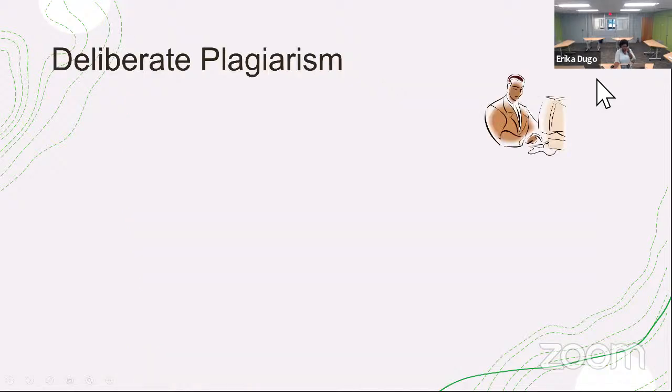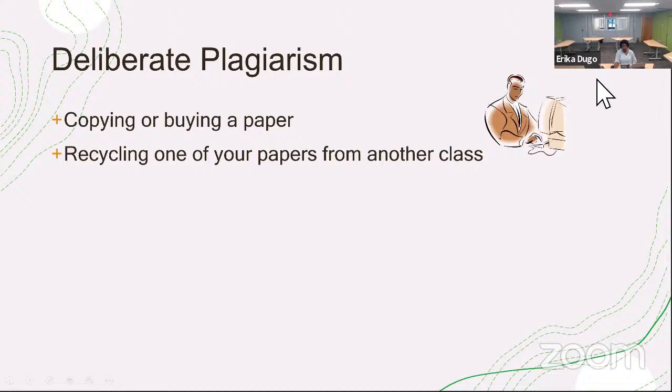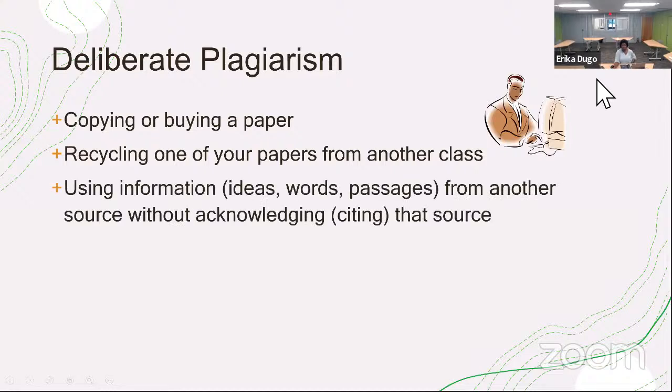So plagiarism can be deliberate or unintentional. Some deliberate forms of plagiarism are copying or buying a paper, recycling one of your papers from another class, or using information that includes ideas, words, or passages from another source without acknowledging or citing that source.